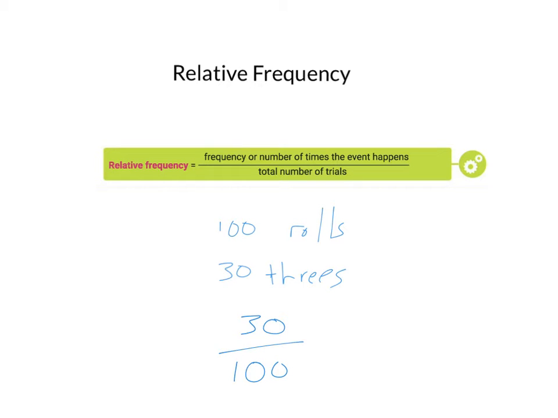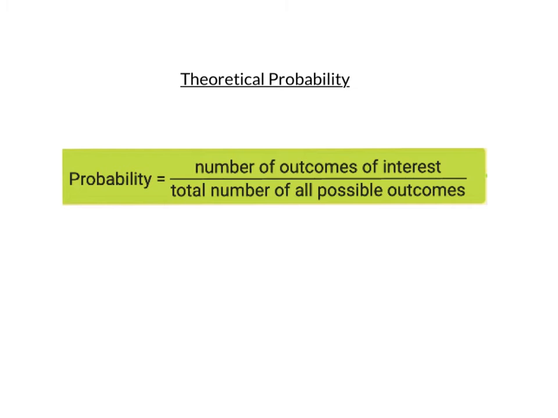Now if you put that into your calculator, it'll give it to you as a decimal, which is what we generally prefer unless they ask for something else. So that would be 0.3. 0.3, like we mentioned before, is closer to the 0 end of the probability scale, so we'd say it's not that likely.